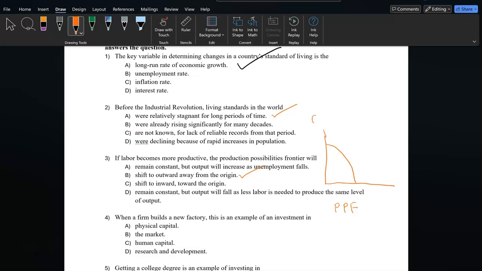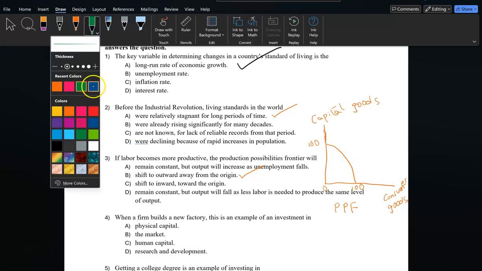Let's say I have capital goods on this axis and consumer goods on the x axis, or we can just flip it. Now, if this is 100, this is 100, the maximum productive capacity of an economy is 100 capital goods or 100 consumer goods, or it can be a combination of both.